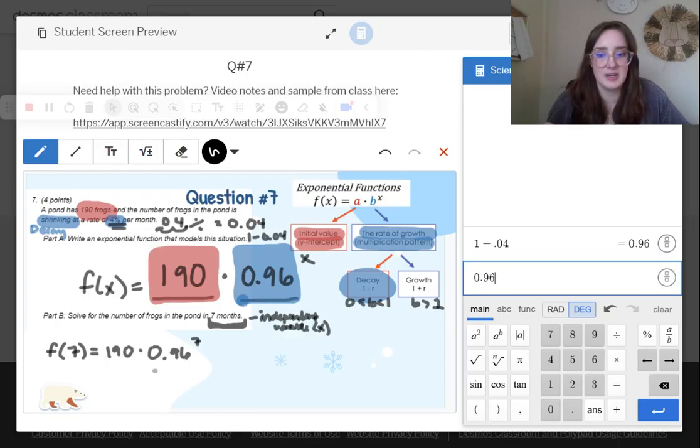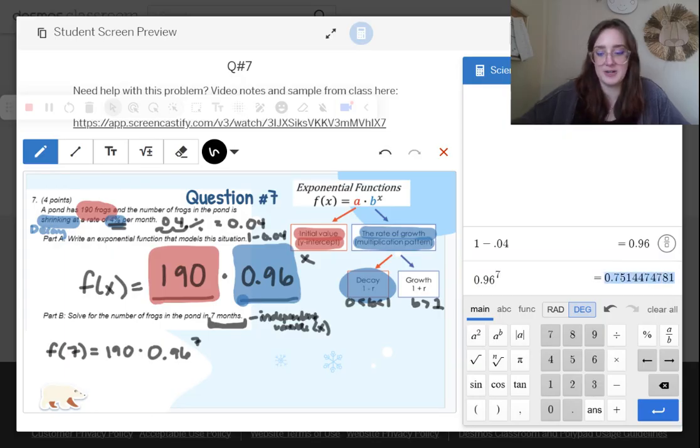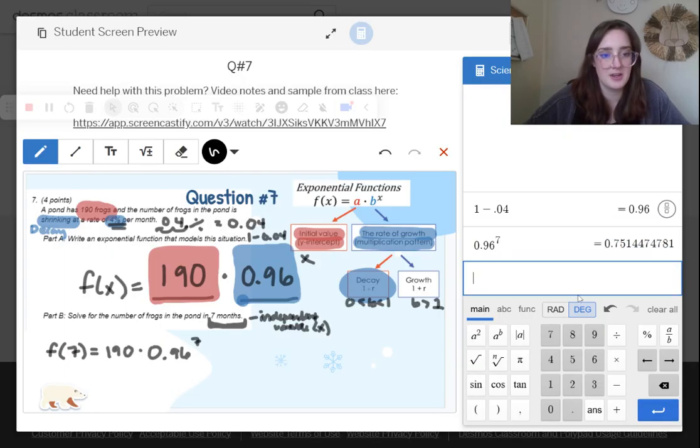All right, so 0.96 to the power of 7 is that long number. We'll copy that. Okay, and now we're doing 190 times that number. So I just copied and pasted it. All right, so we'll get 142.7 frogs.